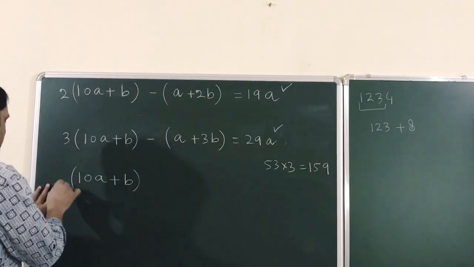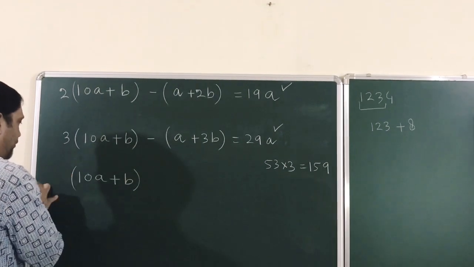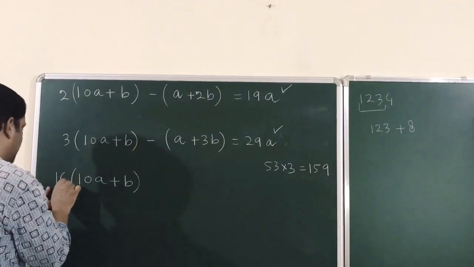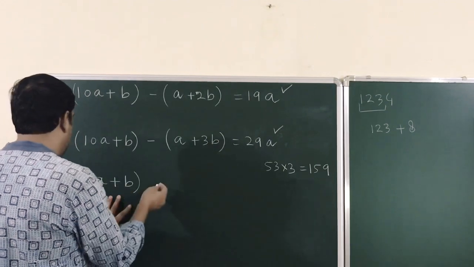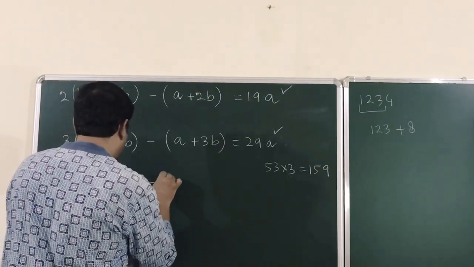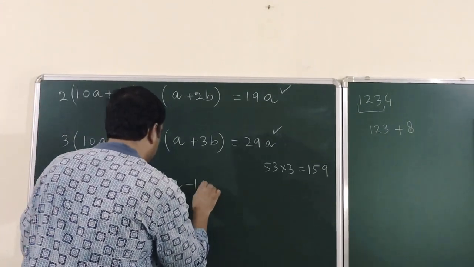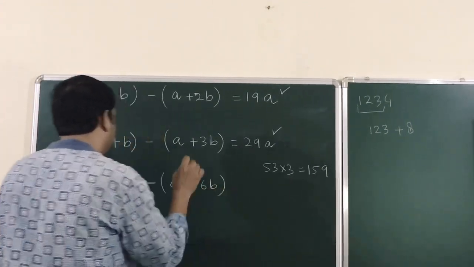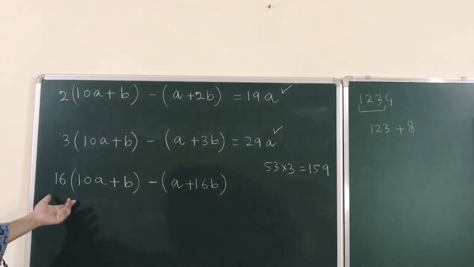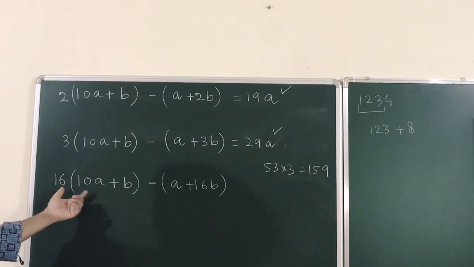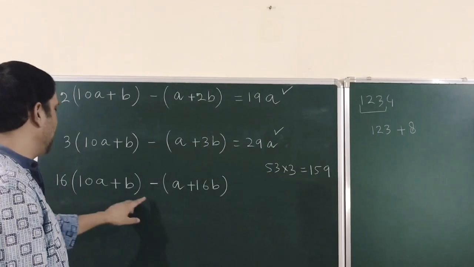So first I multiply this number by 16, and I get 16 times 10a plus b, that is 160a plus 16b, then minus a minus 16b, that is 159a.